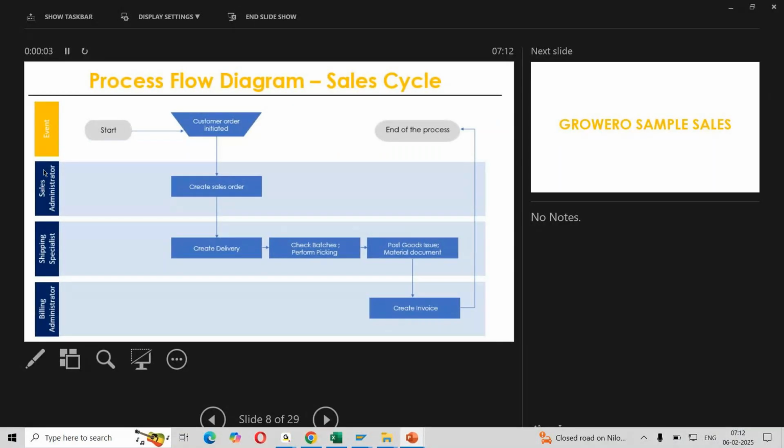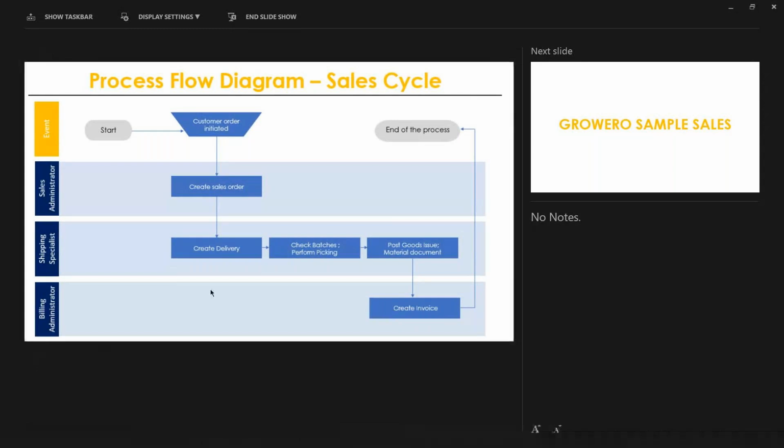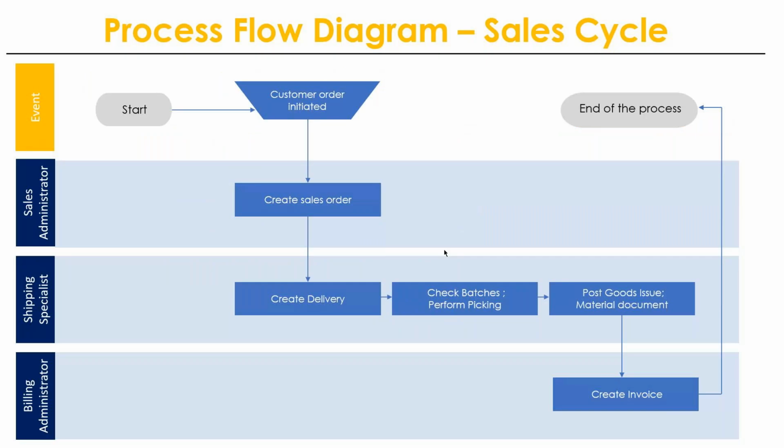So how exactly the process is going to be required, you're going to have this particular thing. Sales flow: how the process is going to be executed, how the process is going to be closed, what steps you need to perform, everything is going to be provided. We can download this from SAP.